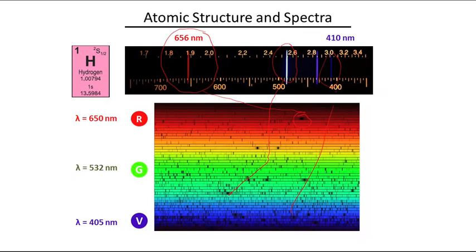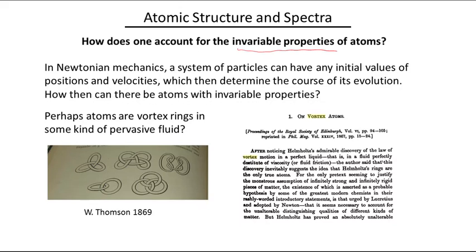So it became understood that the features seen in the absorption spectrum in the sun were due to the same transitions that were giving rise to emission in low-density gases. But the presence of these sharp and distinct lines in atoms was a great puzzle, because in classical mechanics, a system of interacting particles can have any set of positions and velocities, and there's nothing to single out a particular configuration for special attention.